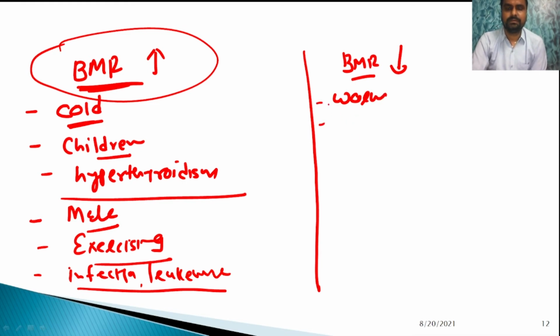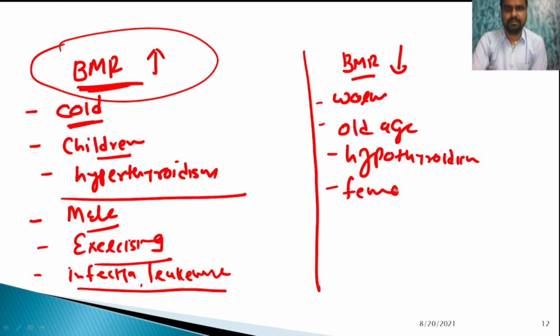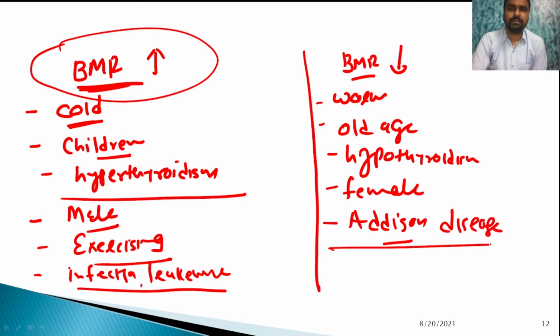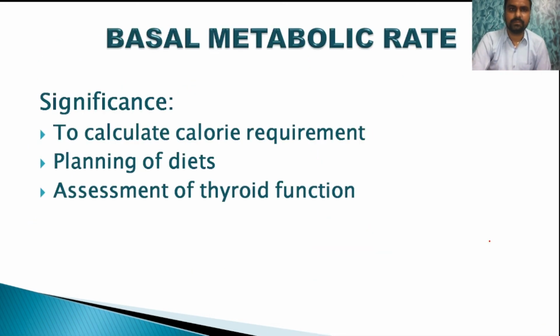Then in old age people, BMR is decreased. In hypothyroidism, and in females, BMR is less. Then in case of Addison's disease, BMR is decreased. Now what is the clinical significance of basal metabolic rate?